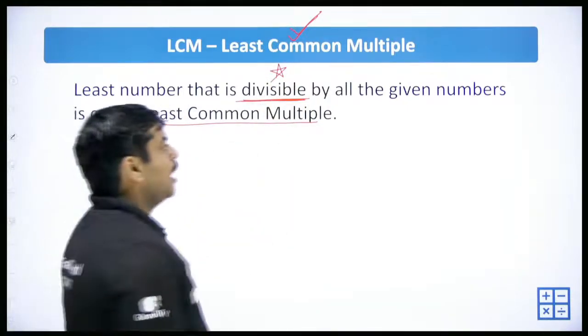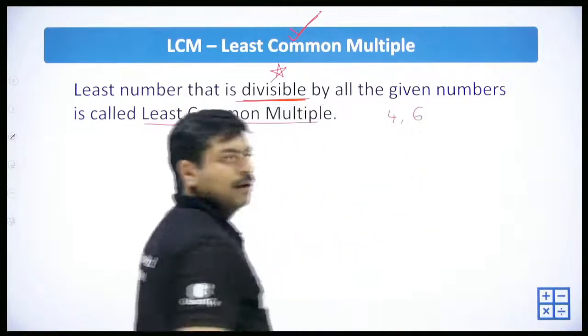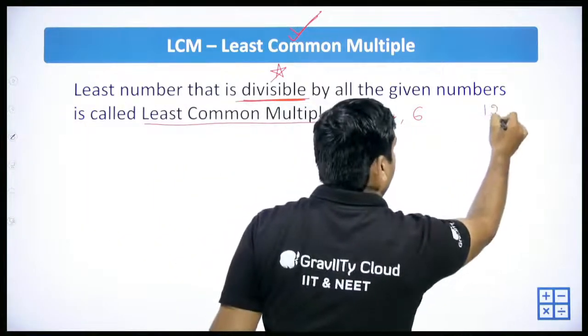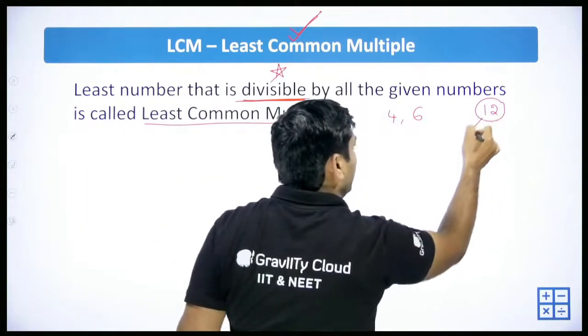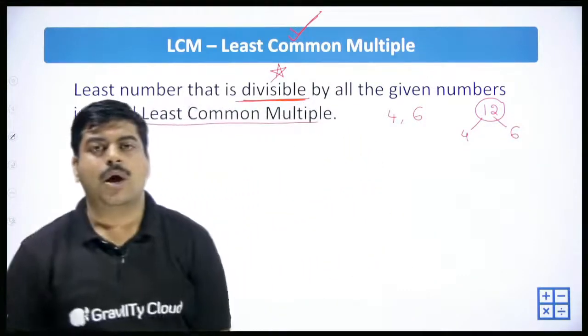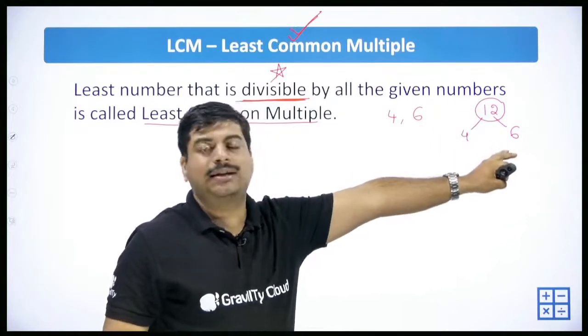Okay, for example, I have very small numbers, 4 and 6, let's say. There is a number 12 which is divisible by 4 as well as 6. 12 is divisible by 4 and 6, correct?